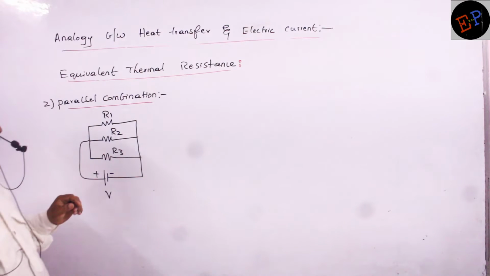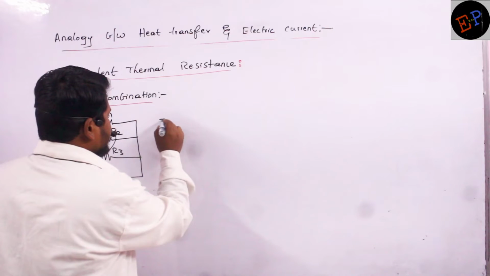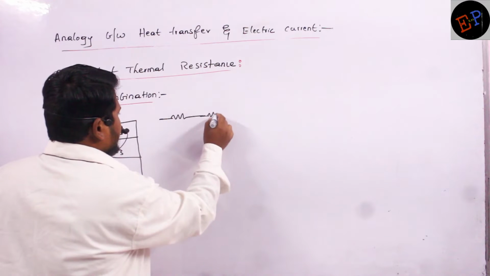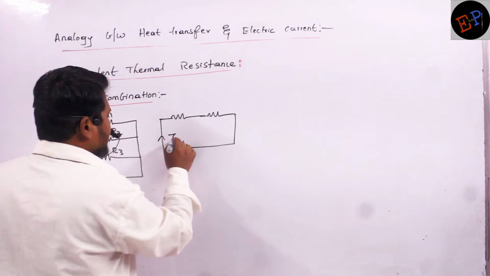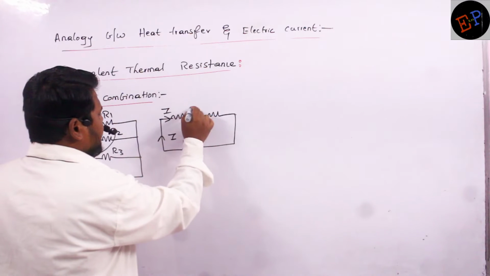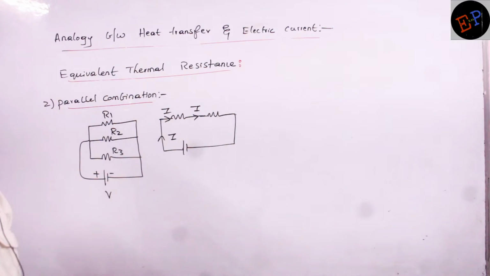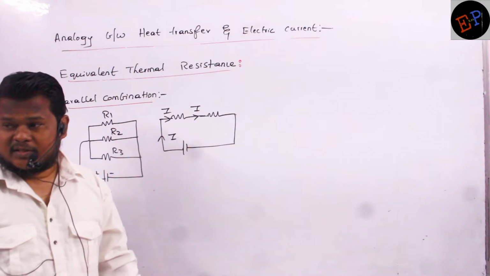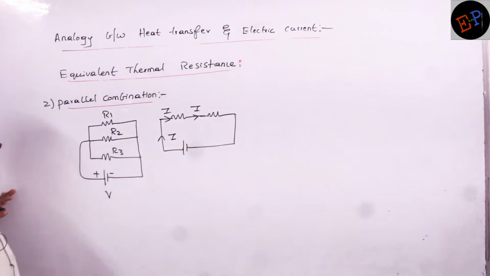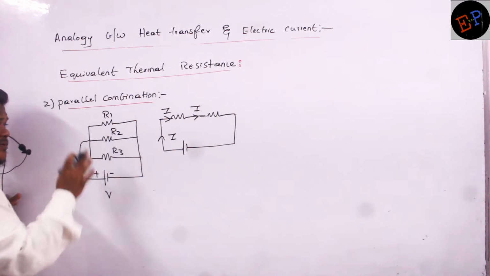So in series combination, what was the same? Current was the same, no? Same current will flow through every resistor. Even if 100 resistors are connected, through every resistor the same amount of current will flow in a series combination. But in parallel combination, potential difference remains the same.